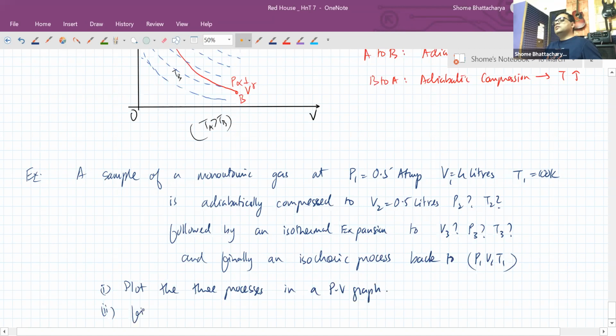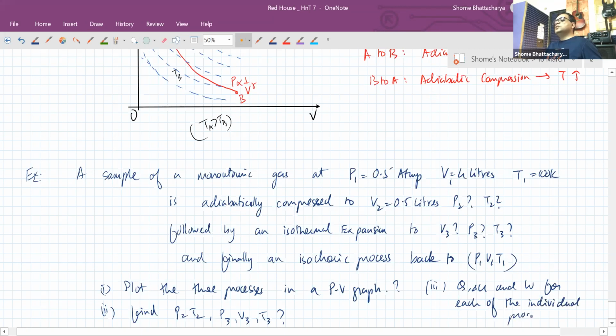Then find P2, T2, P3, V3, T3, and Q, delta U and W for each of the processes. Each of the individual processes.